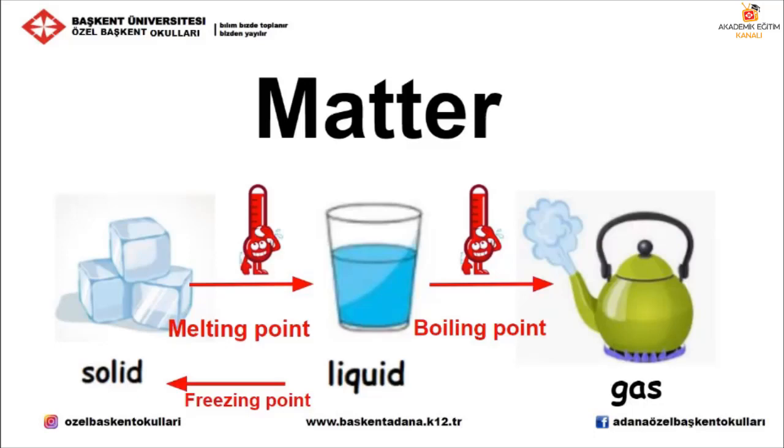And this water, when it gets hot enough and reaches its boiling point, it becomes a gas, like this steam. Or if the glass of water, the liquid, is cold enough, it goes back to being a solid.